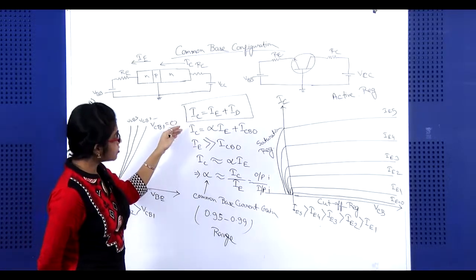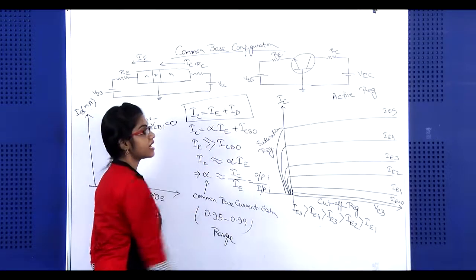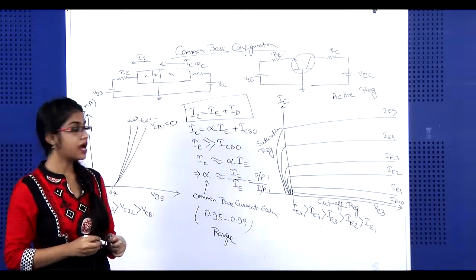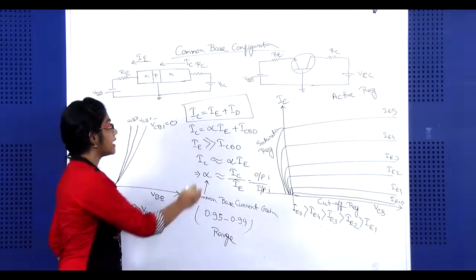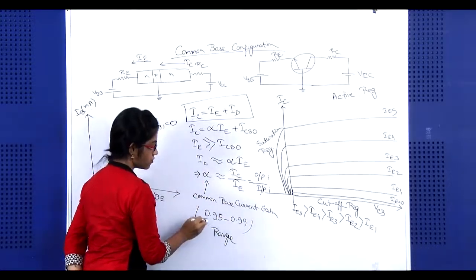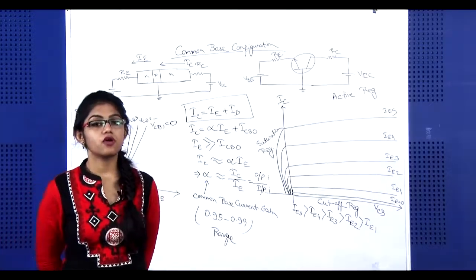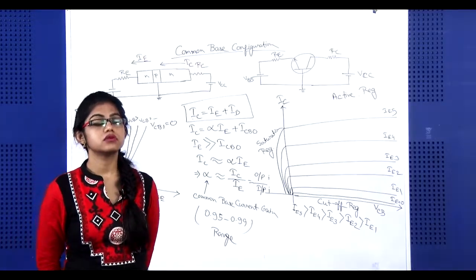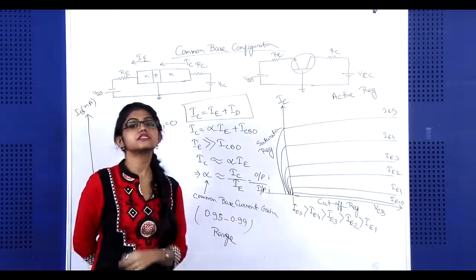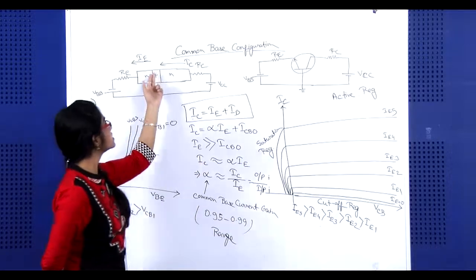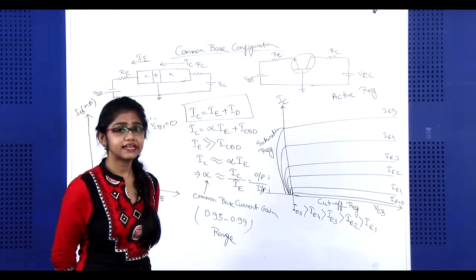And there is also another equation, that is IC is equal to alpha IE plus ICBO. Now, what is alpha? Alpha is common base current gain. The value of alpha is from 0.95 to 0.99, that means 95 to 99% of electrons can cross this base region and can be collected over this collector region.